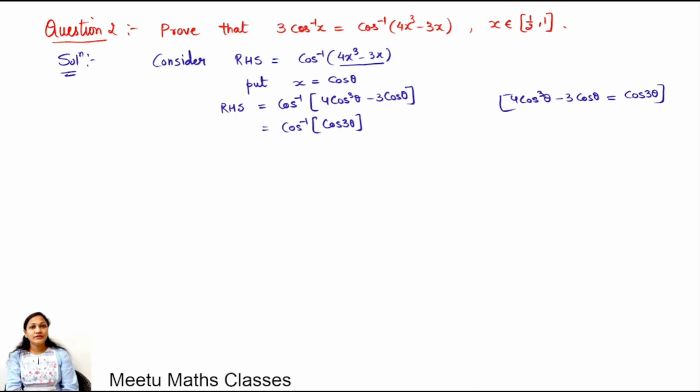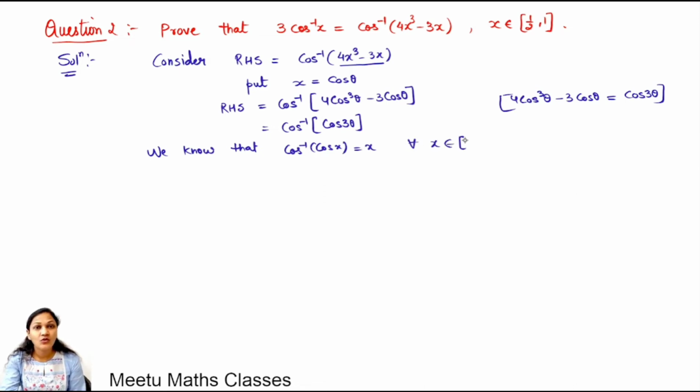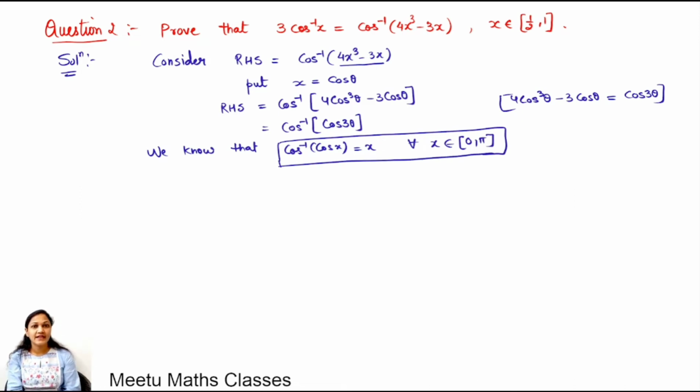Now we know that cos inverse of cos x is equal to x when x is lying in the closed interval 0 to pi. So now we are going to check whether 3 theta is lying between 0 to pi or not.